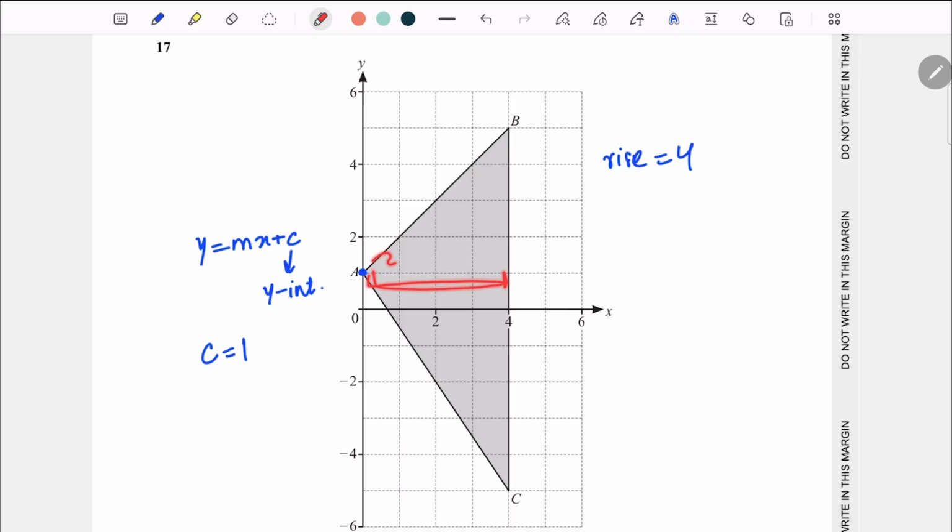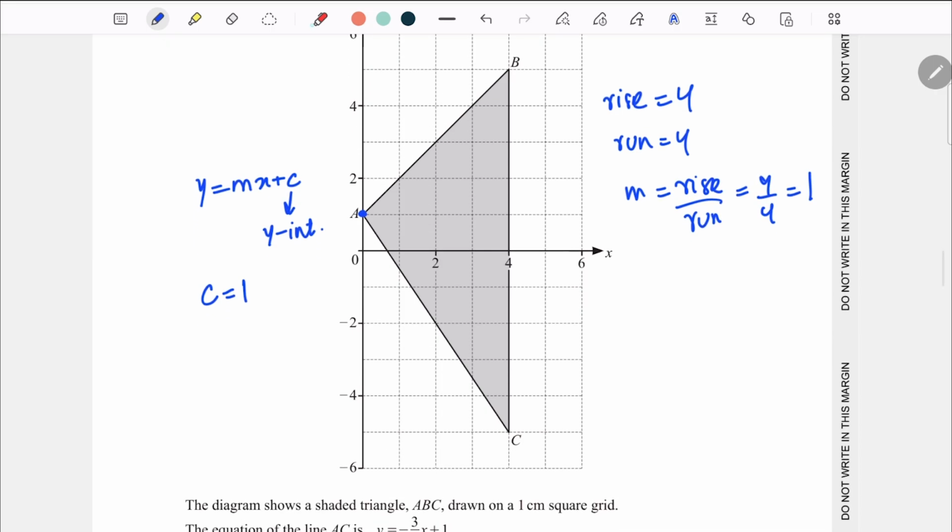This is also 4. So the gradient would be rise over run, that is 4 divided by 4, which is equal to 1. So the equation for line AB would be y = mx + c, that is y = 1x + 1, and that is y = x + 1.